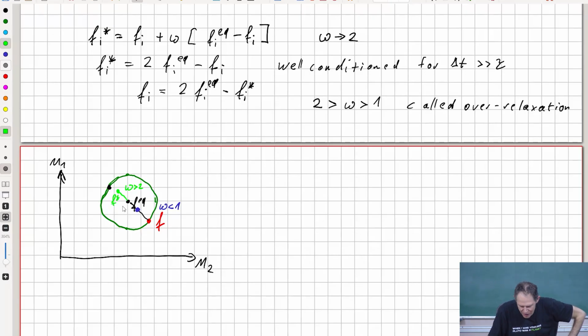So how do you get directly to equilibrium? Omega equal to 2. But you only know this because you already know that this is an implicit operator and that we are solving for F over bar. Otherwise you would say, I want to go directly to equilibrium, so I put omega equal to 1, and my post-collision state would be here.